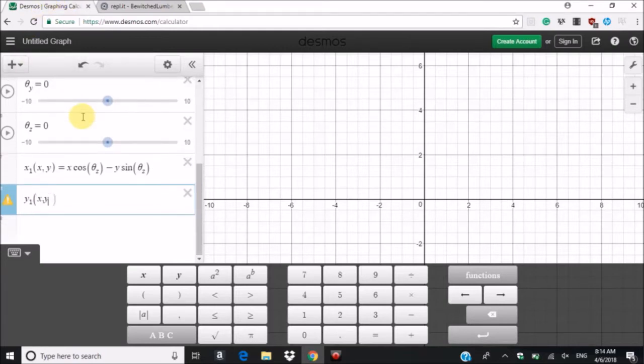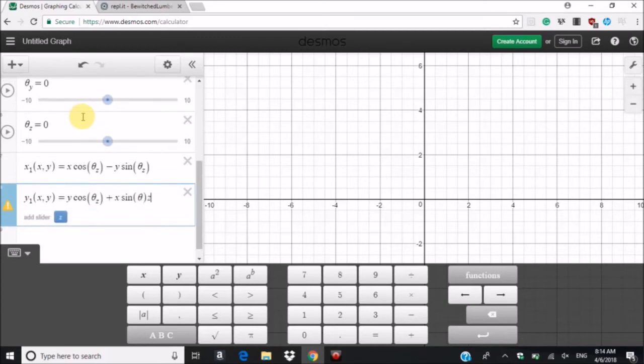Then we'll do something similar for the y. That's going to be y times cosine z rotation, plus x times sine of the z rotation.